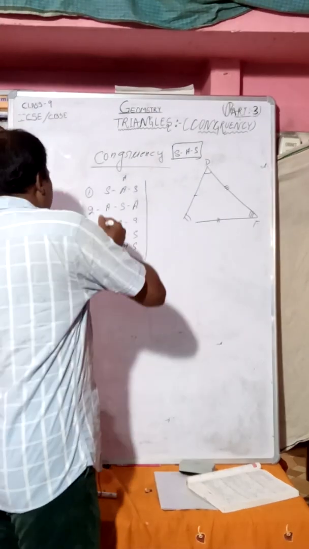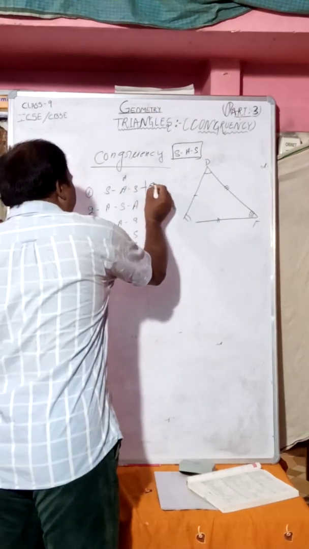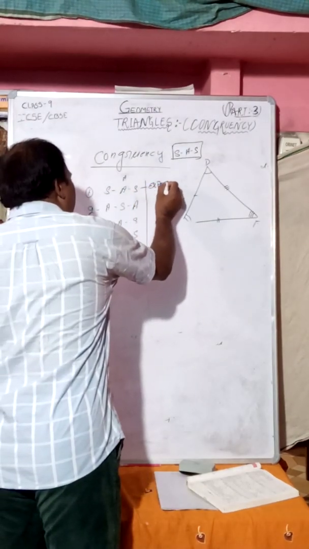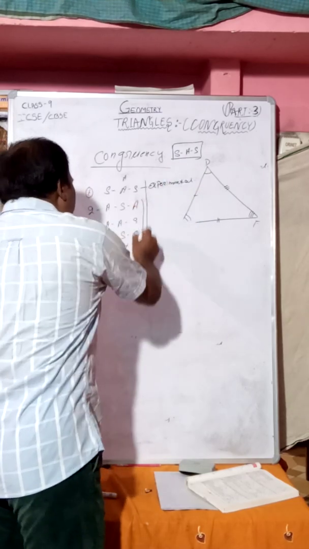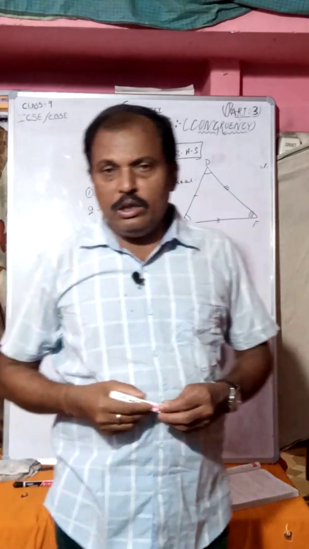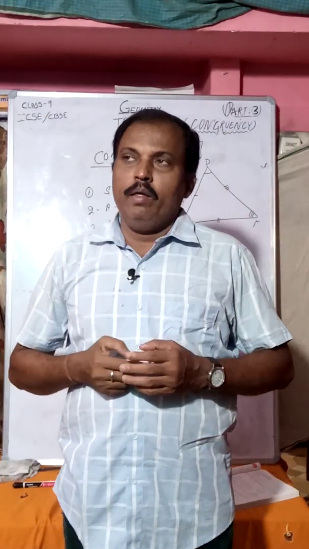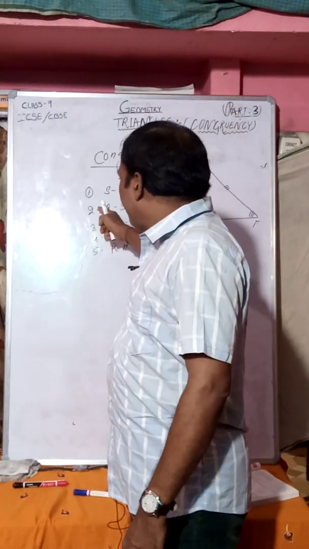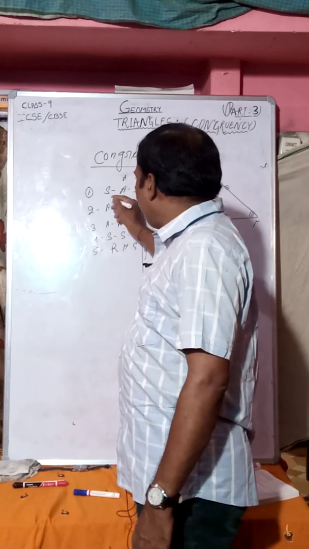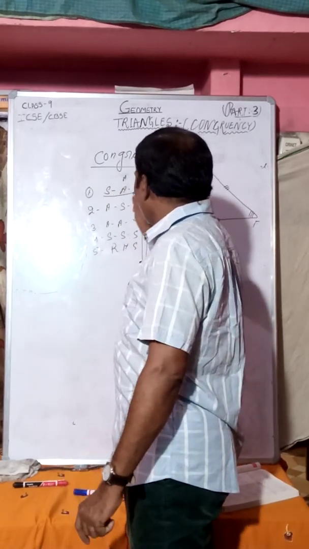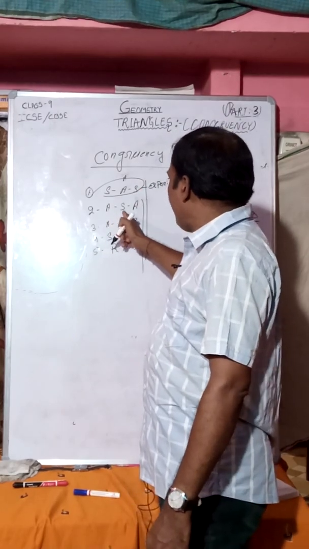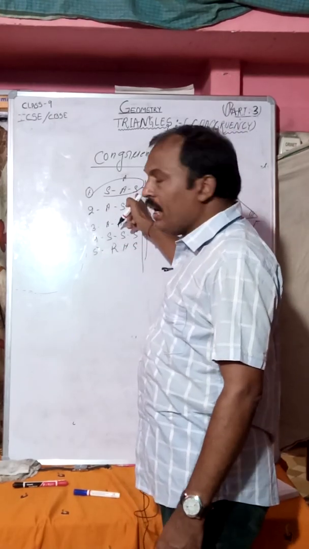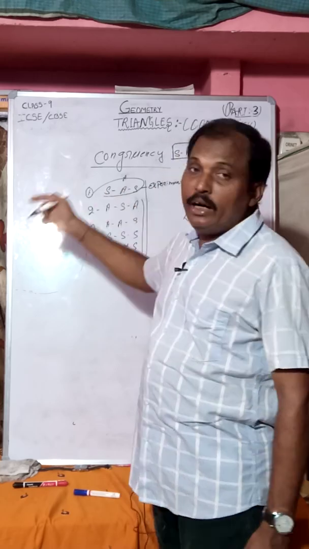The SAS condition is an experimental condition, but all the others are logical. By taking the first condition, the others follow. SAS is two sides and the included angle.